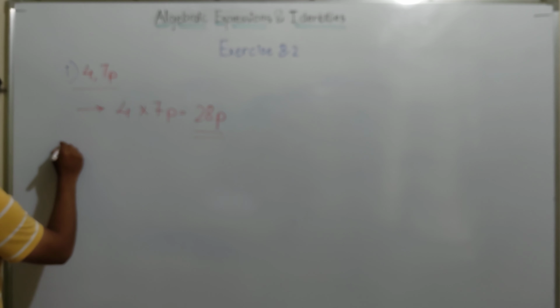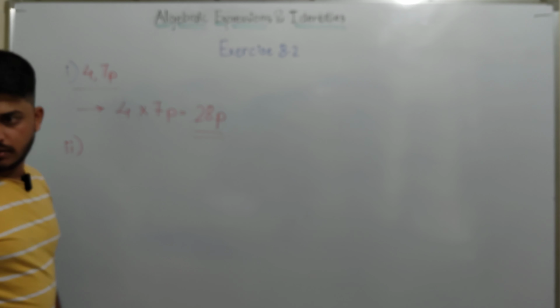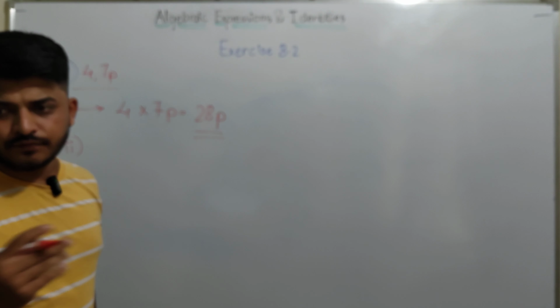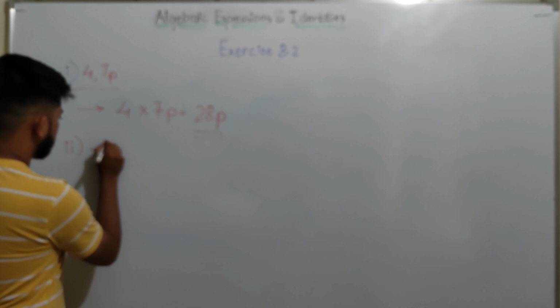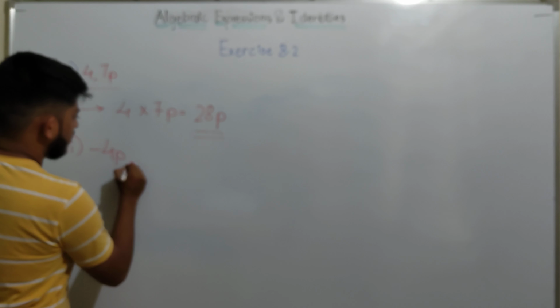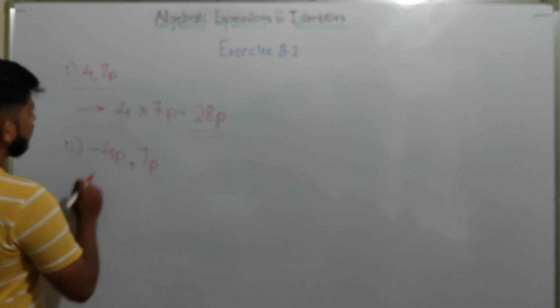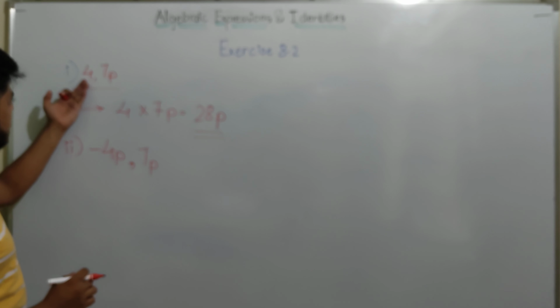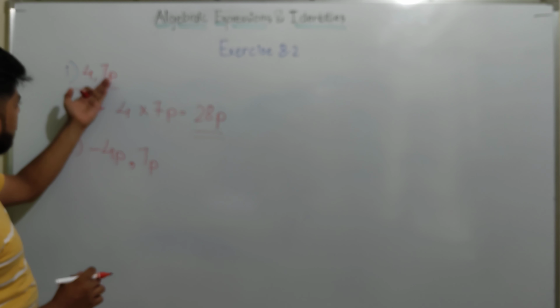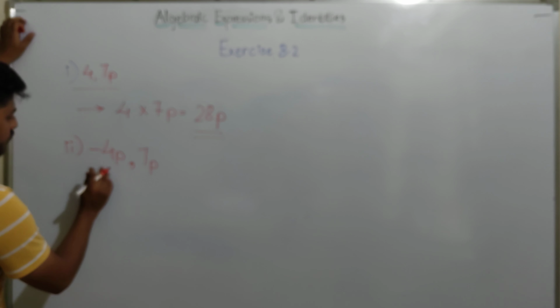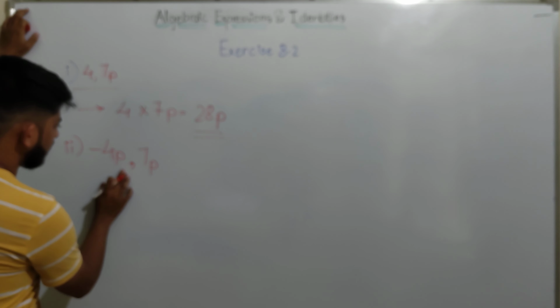Moving towards the second example, minus 4p and 7p. See here, minus 4p and 7p. Do we have minus 4p? Yes.